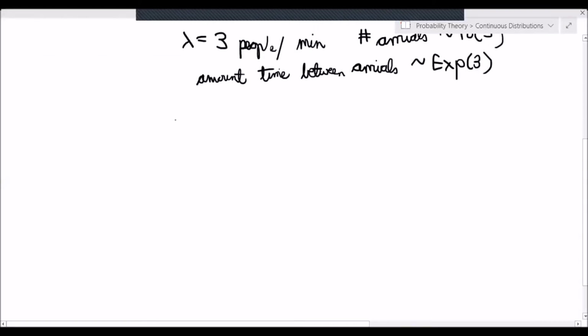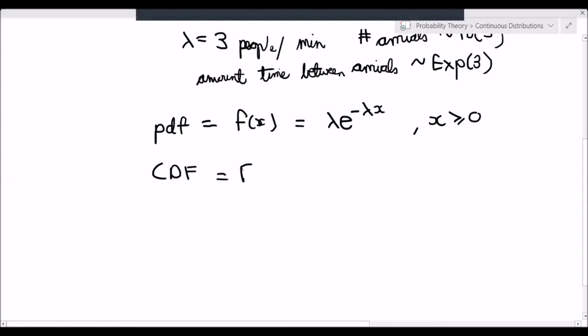So let's start off with its probability density function, the PDF. This is equal to f of x, and we say it is lambda e to the negative lambda x, and x has to be greater than or equal to 0. The cumulative distribution function, the CDF, which is equal to capital F of x, which is equal to the probability that capital X is less than or equal to little x, is equal to the integral from 0 to x of lambda e to the negative lambda i di.